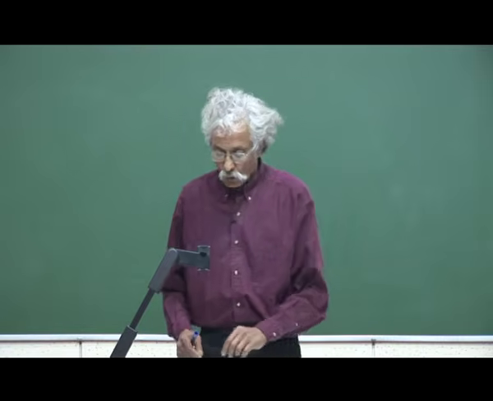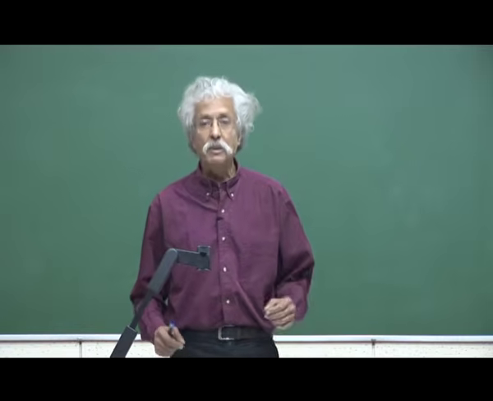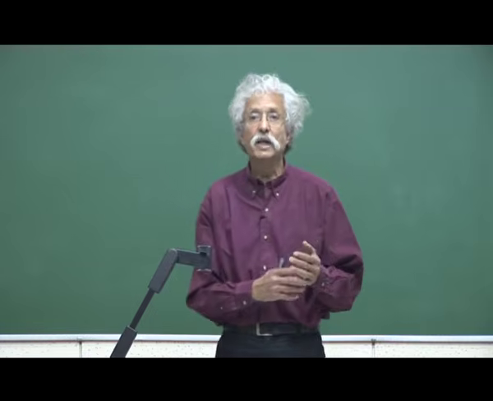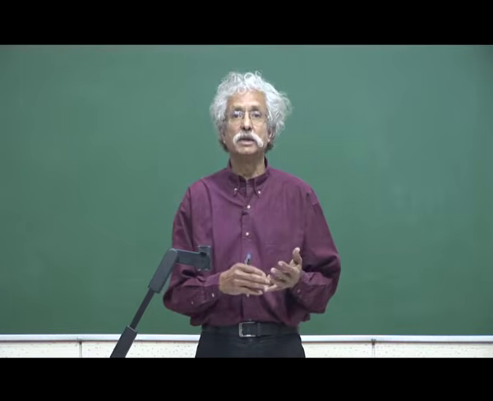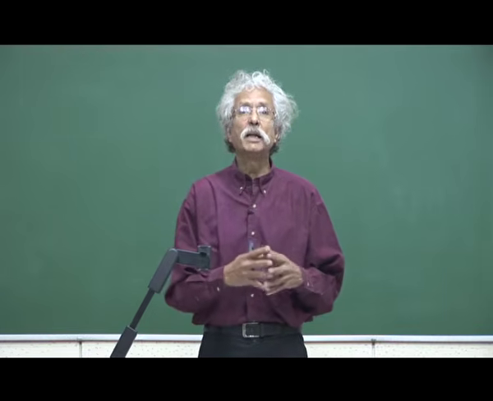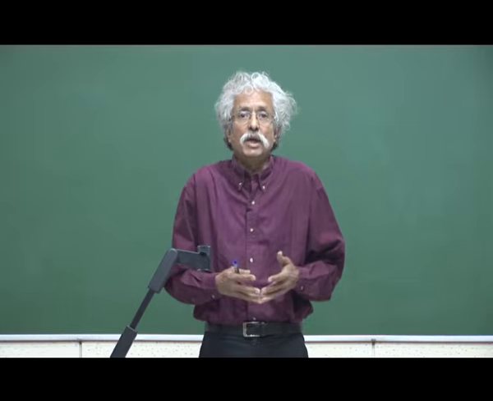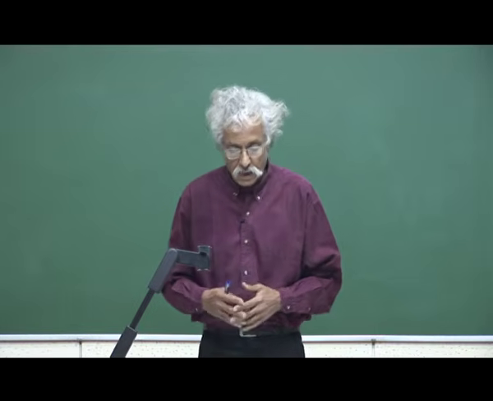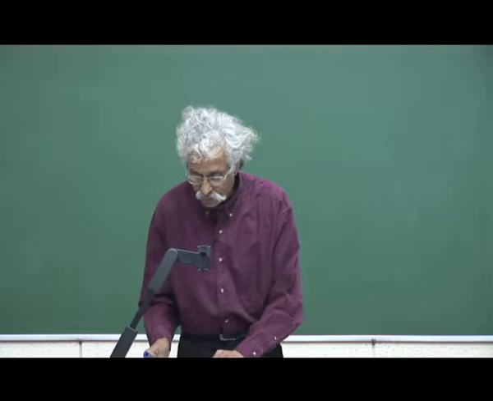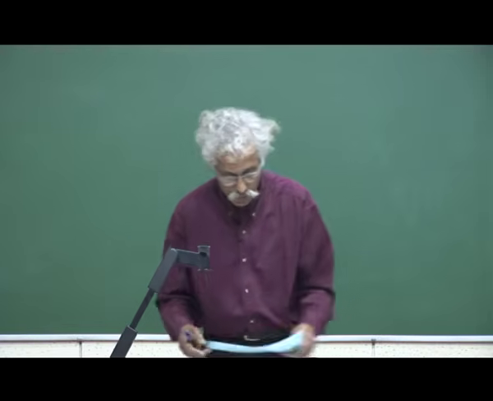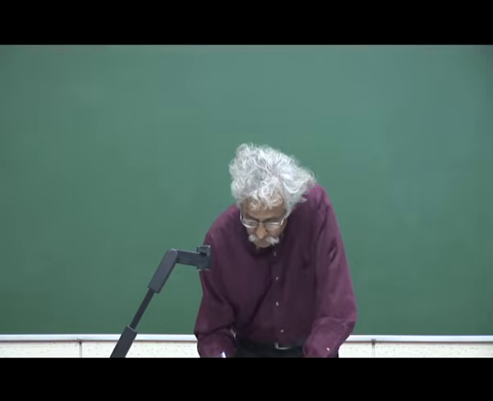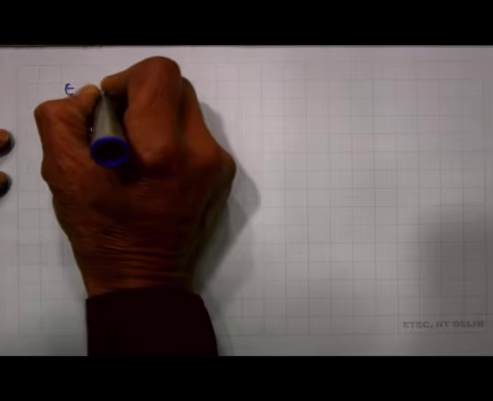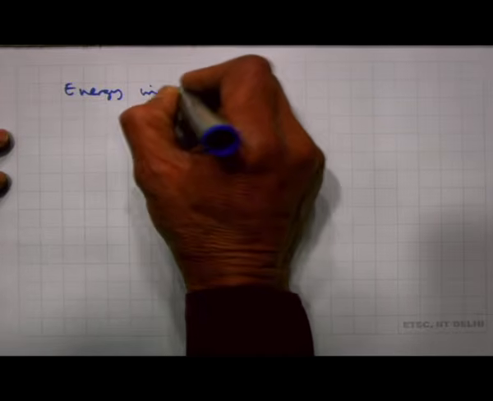Now, once I have got these electromagnetic waves, remember I have shown you long time back when we were discussing electrostatics and magnetostatics, that electric and magnetic fields have energy stored in them, and the energy stored is given by, so energy in electromagnetic waves.